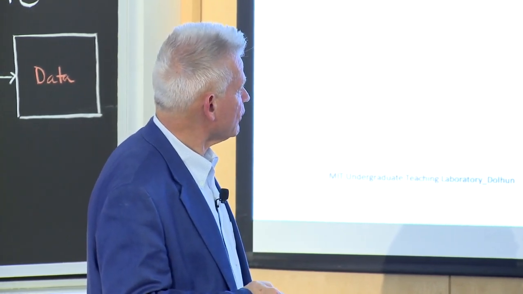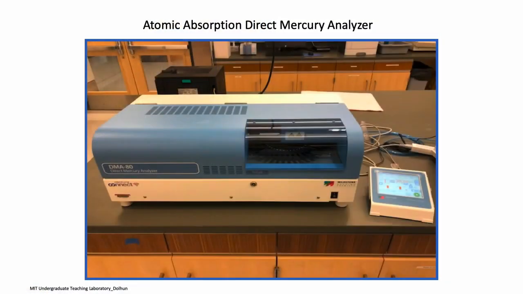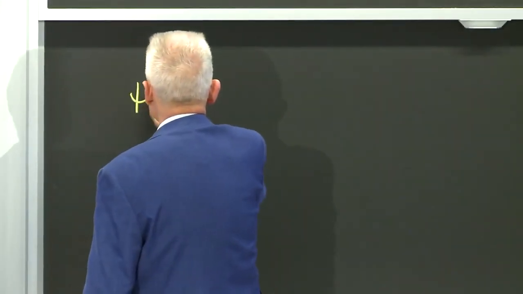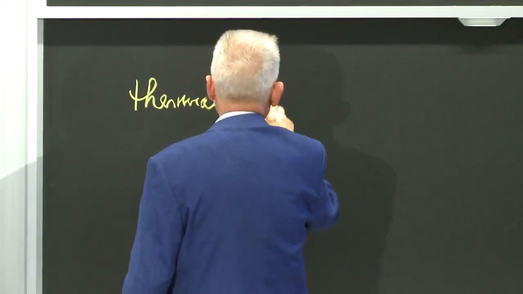Now, what we're going to be doing in this lab is actually we're going to be detecting this, and we're going to be using our new DMA-80 atomic absorption spectrometer. And this spectrometer operates under three things. There are three things happening here. So we've got thermal degradation.